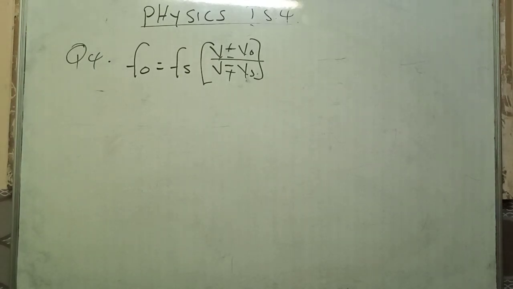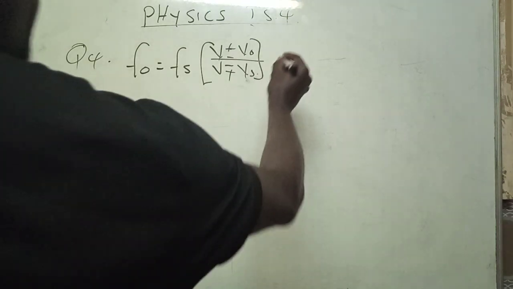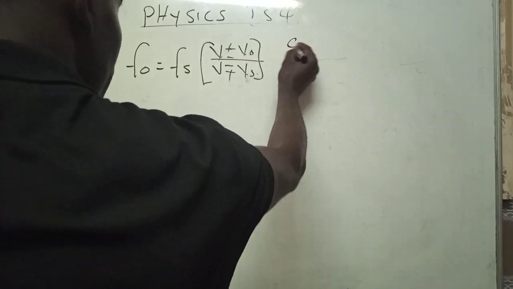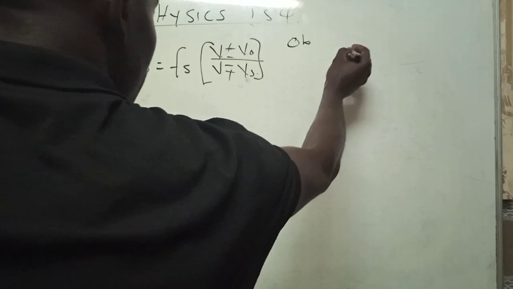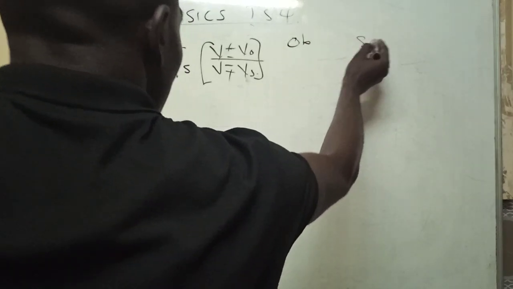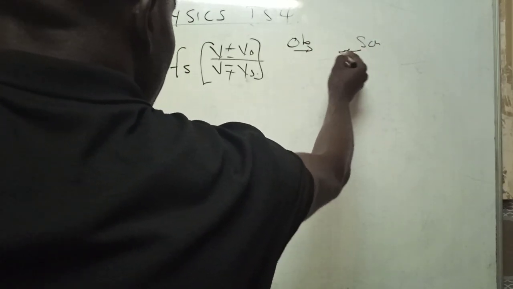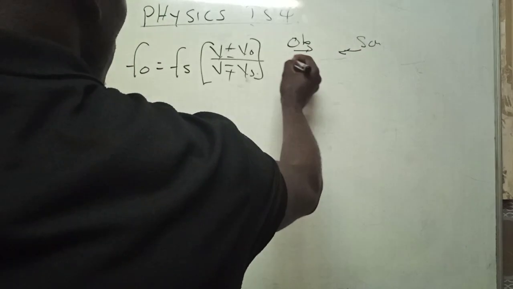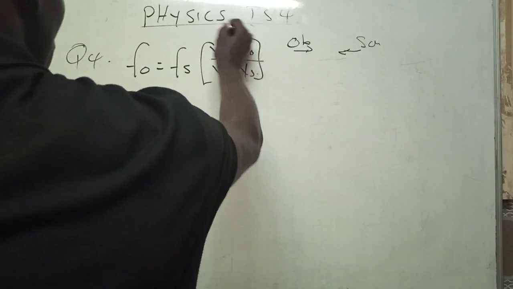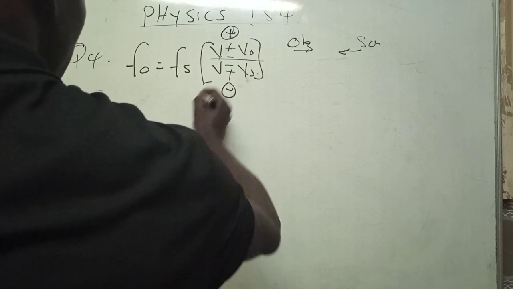If we can understand the question, we can conclude that the observer and the source are moving in opposite directions. If the observer and the source are moving toward each other, on top I'm supposed to get positive, and down here I'm supposed to get negative.